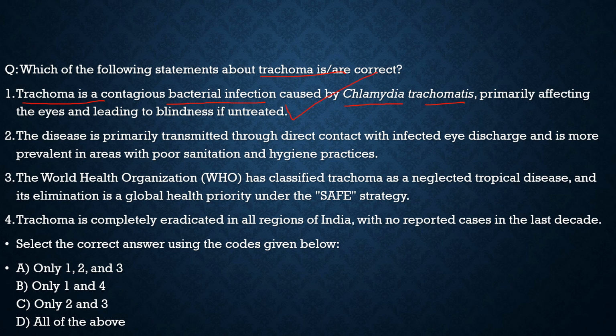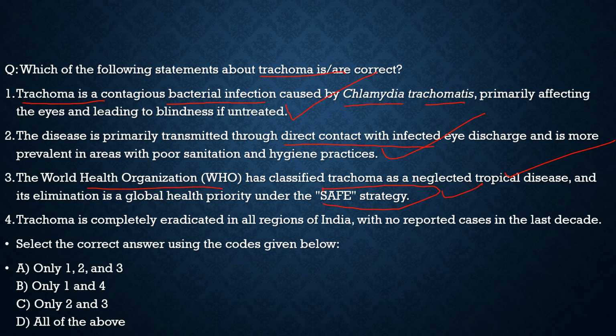Correct. Statement 2. The disease is primarily transmitted through direct contact with infected eye discharge and is more prevalent in areas with poor sanitation and hygiene practices. Correct. Statement 3. The World Health Organization has classified trachoma as a neglected tropical disease. 100% correct, and its elimination is a global health priority under the SAFE strategy.